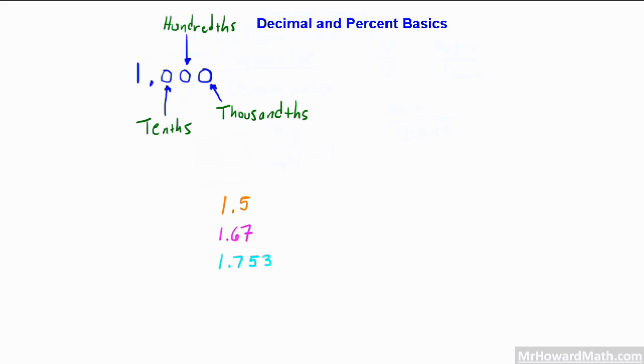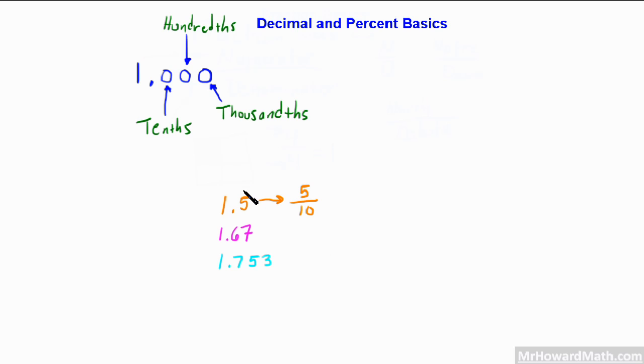It'll help when we start going into converting from decimals to fractions. So what 5 in the tenths place really means, in fraction form, is 5 over 10, which is 5 tenths.